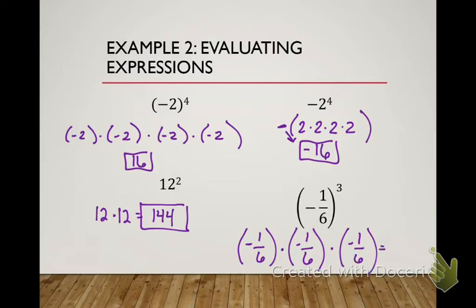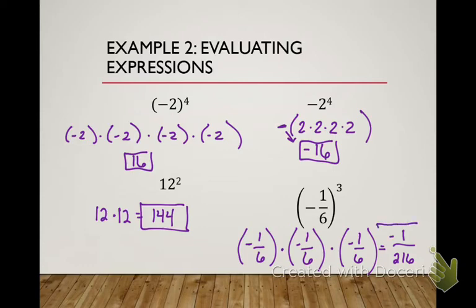Okay? Now, since it's a fraction, I'm going to multiply my numerators. What's 1 times 1 times 1? 1. Okay? And then what? 6 times 6 times 6? 216. Okay? Is my answer going to be positive or negative?